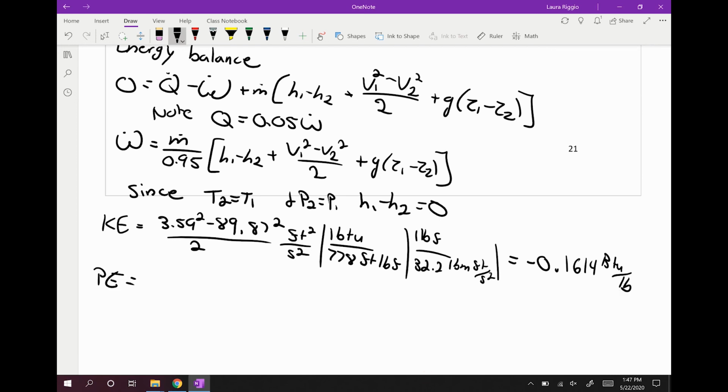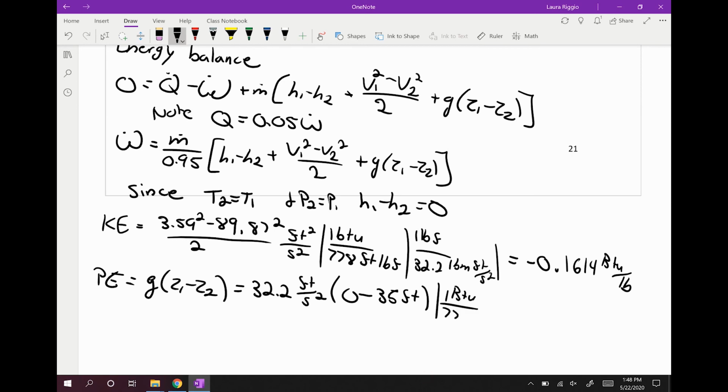We'll look at our change in potential energy, which is equal to 32.2 feet per second squared times our change in elevation times 1 BTU over 778 foot-pounds, again, 1 pound force is 32.2 feet per second squared pound mass.